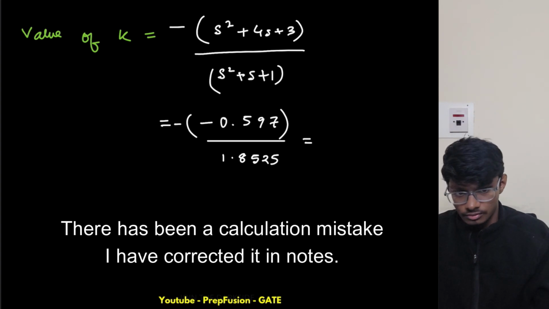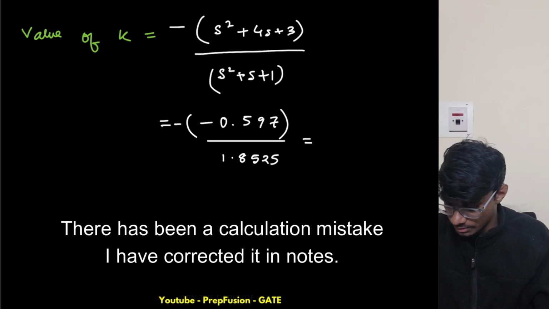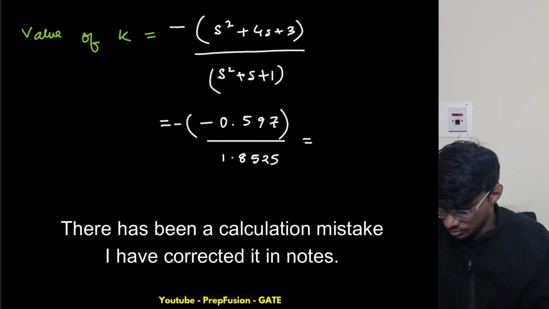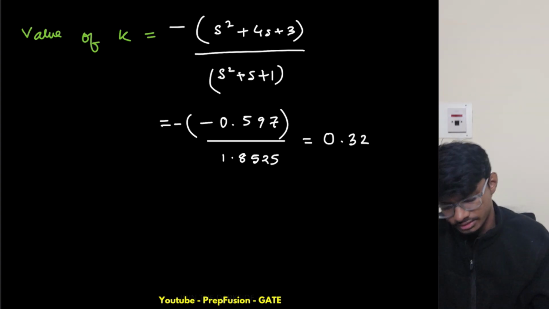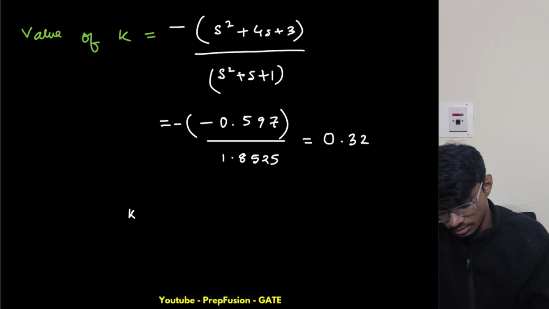So what do I get? I get this into 0.597 and the minus sign is gone, so this is almost 0.32. Almost 0.32. So the value of k will be almost 0.32. So this is my value of k at the breakaway point.